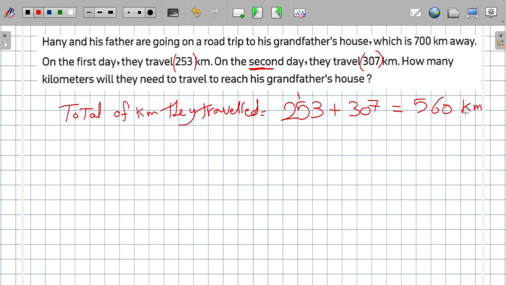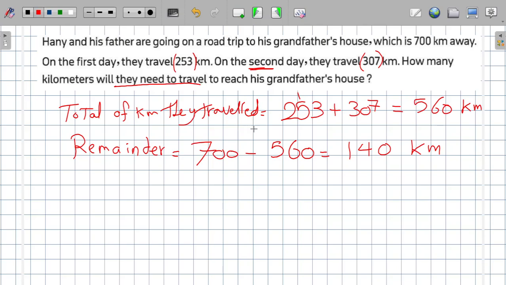How many kilometers will they need to travel? So I will say the remainder will be the difference between the two numbers. So I will subtract 700 minus 560, and the remainder will be 140 kilometers. Okay, so they need to travel 140 kilometers.